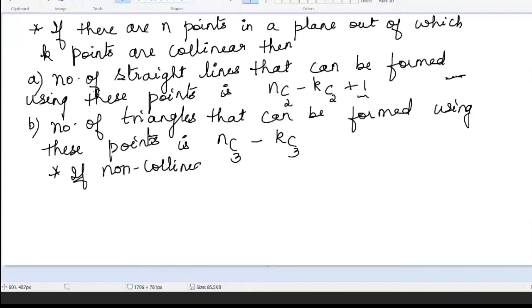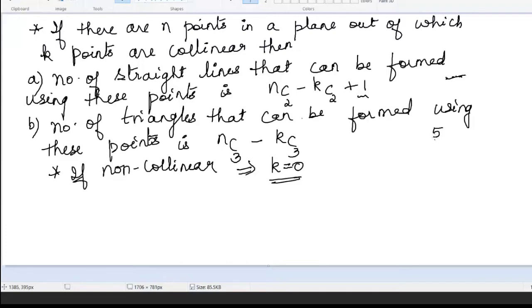Suppose they give me 5 points and ask how many straight lines are possible, and none of them are collinear.